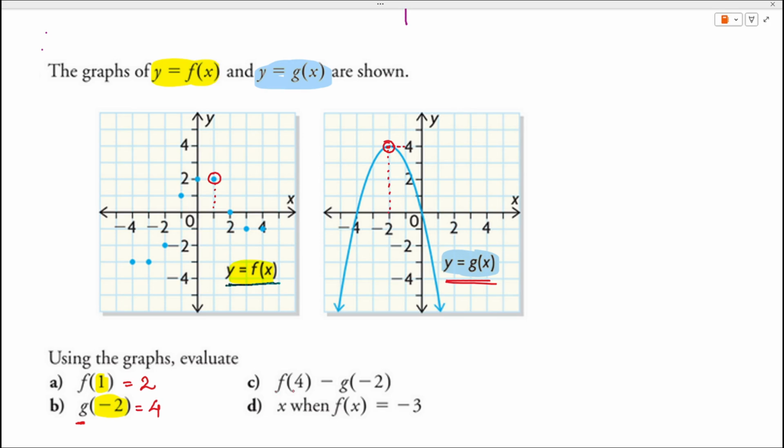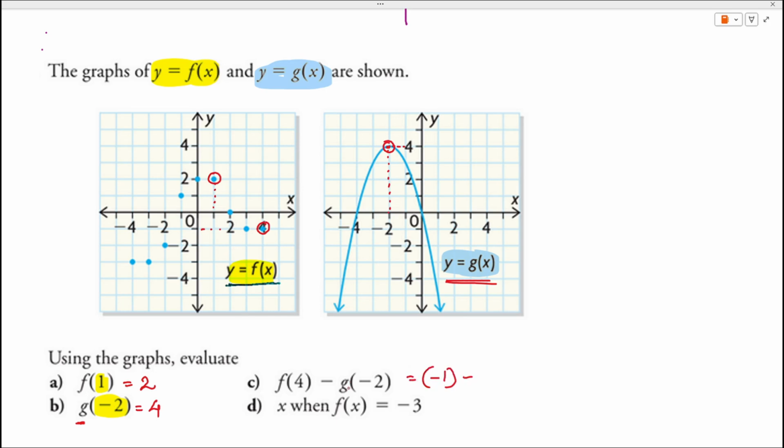Let us try out part C. First we have to find f of 4. This is 4, but the point is over here. So f of 4 is equal to -1. So we write this as -1.